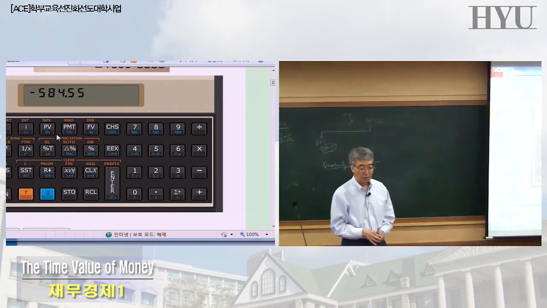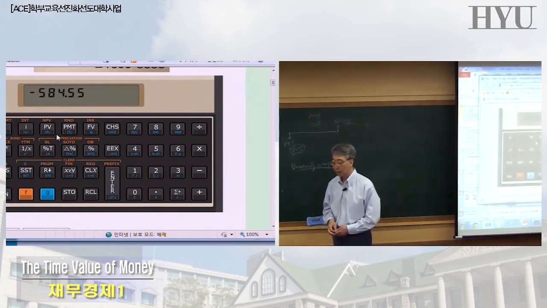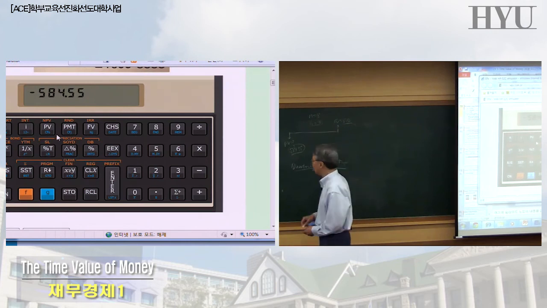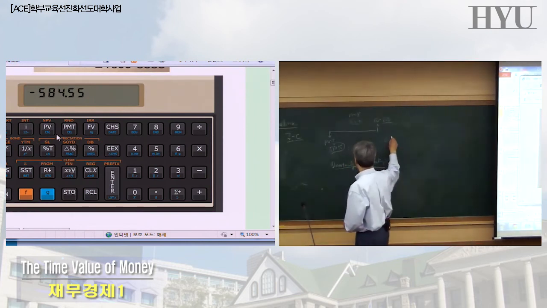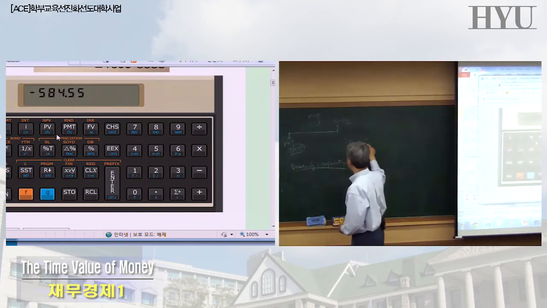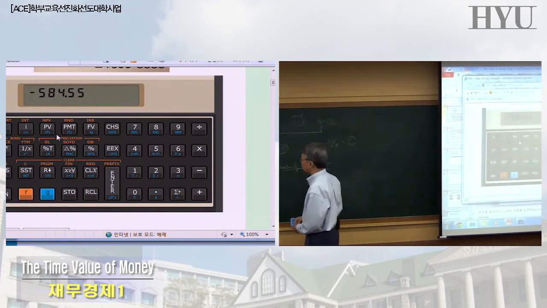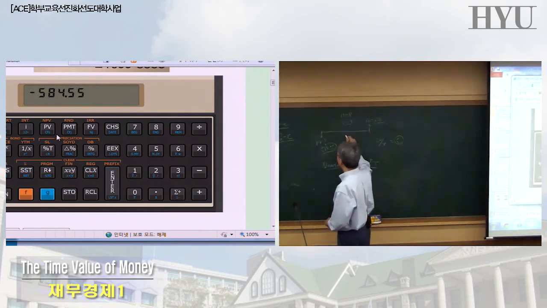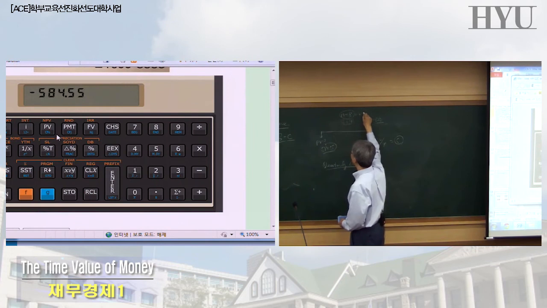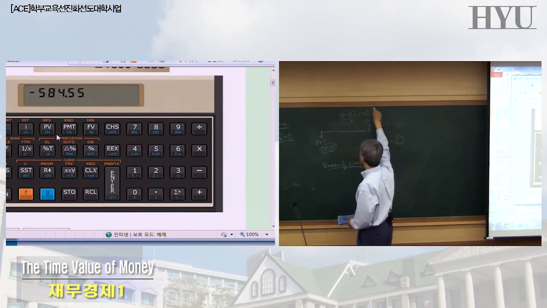So there are 2 different ways you can do this. The more primitive way, if you don't have your financial calculator, is to divide 20 by 4, which is 5%. So what that effectively means is 8 years times 4 is 32 quarters.